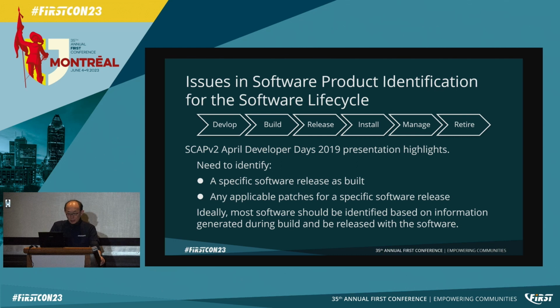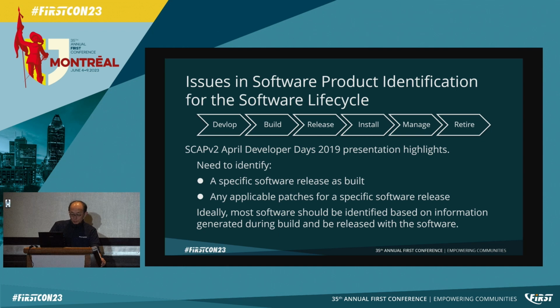First, let's focus on the challenges related to software product identification in the software lifecycle. It highlights the key issues identified during the SCAP V2 April Developer Day 2019 presentation. One of the primary challenges is accurate identification of the specific software release and its corresponding build information.